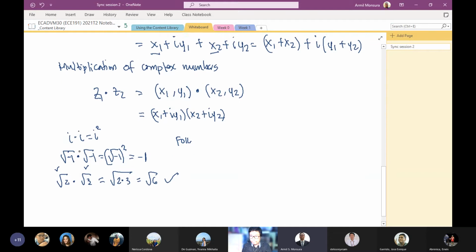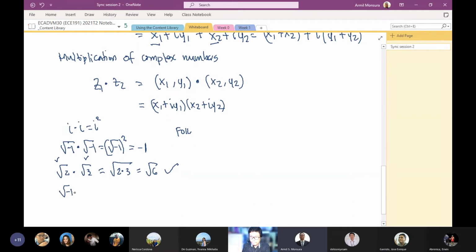Halimbawa, square root of -1 times square root of -1, gagawin yung square root of -1 times -1. Tapos what is -1 times -1? Diba, positive 1 yan, which will give you square root of 1, which is 1.